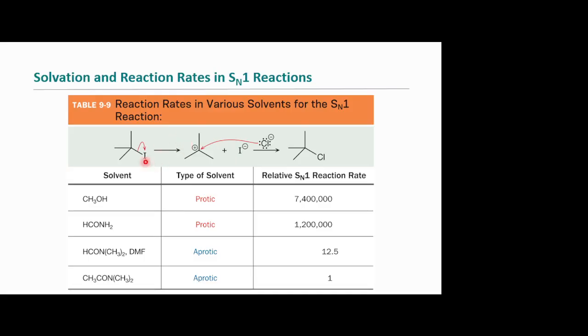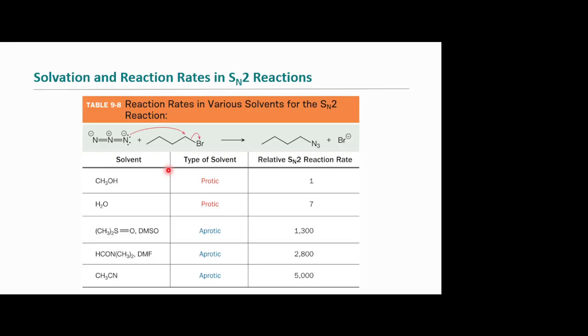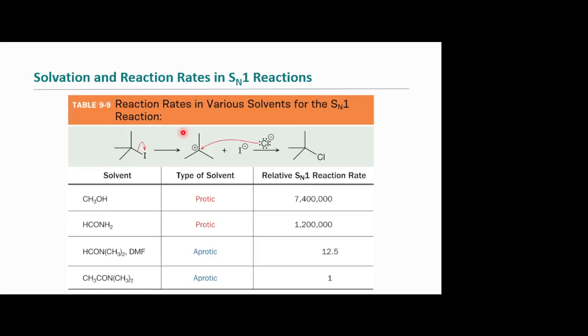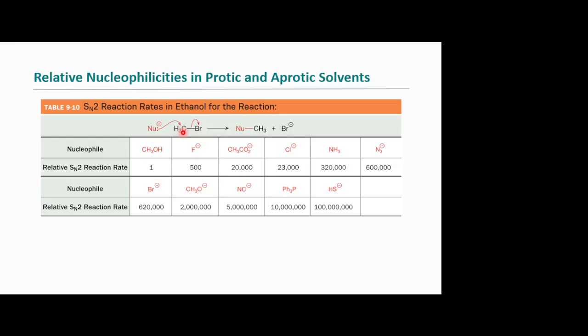It makes the carbocation more stable to generate. It makes this more difficult to do. Okay? So it's a very, very impactful choice, in fact.